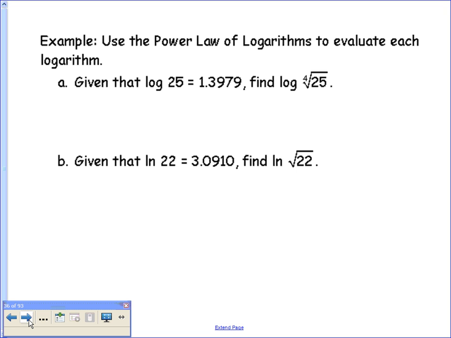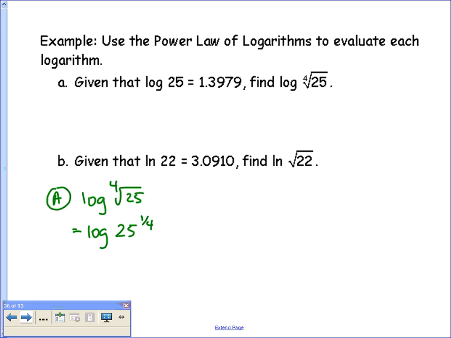We're given that the log of 25 is 1.3979, and we want to find the log of the fourth root of 25. So for A, what I'm going to do is take that log of the fourth root of 25 and rewrite it as the log of 25 raised to the 1/4 power.